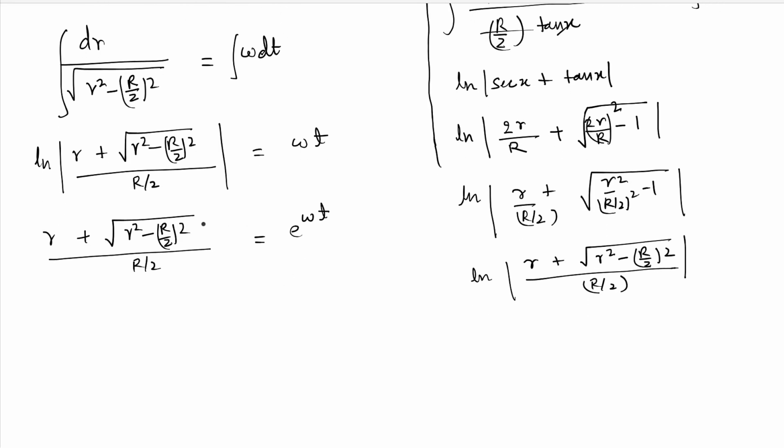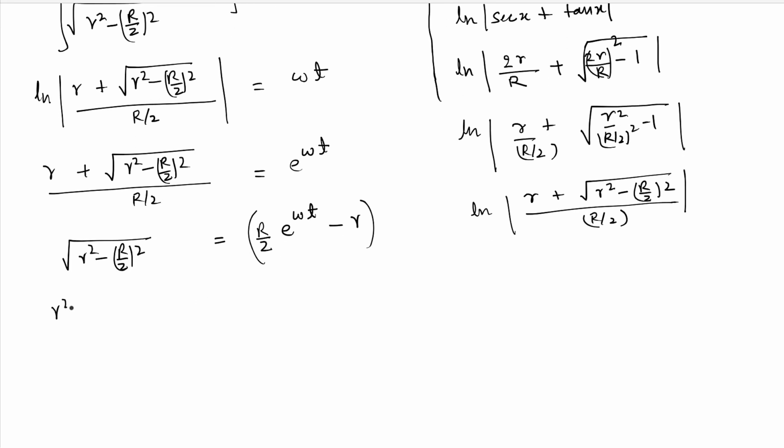Then we can have the root of r square minus r by 2 whole square as r by 2 e to the omega t minus r, and if I square both sides, we get e to the two omega t, plus r square, minus 2 times r by 2 times r e to the omega t.